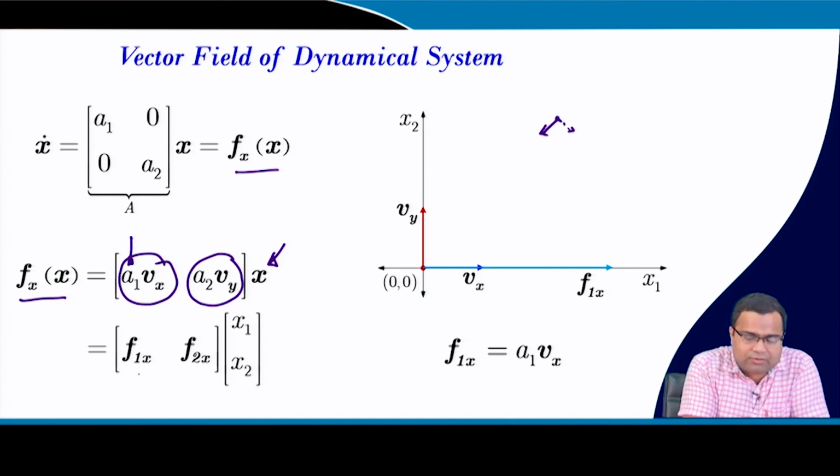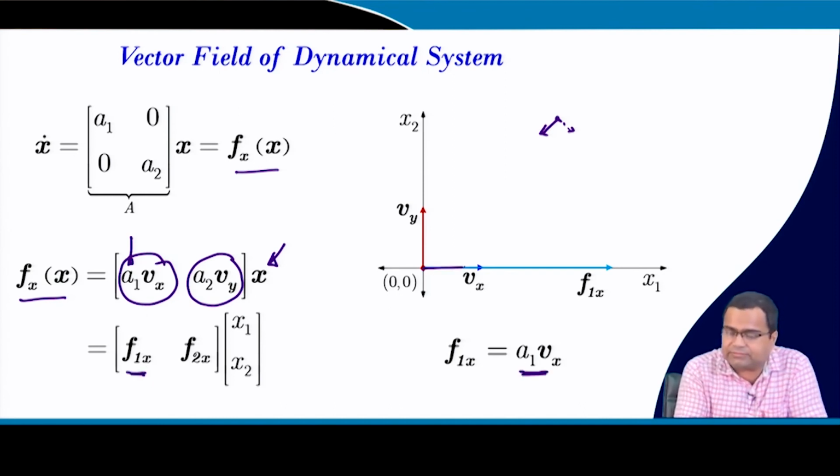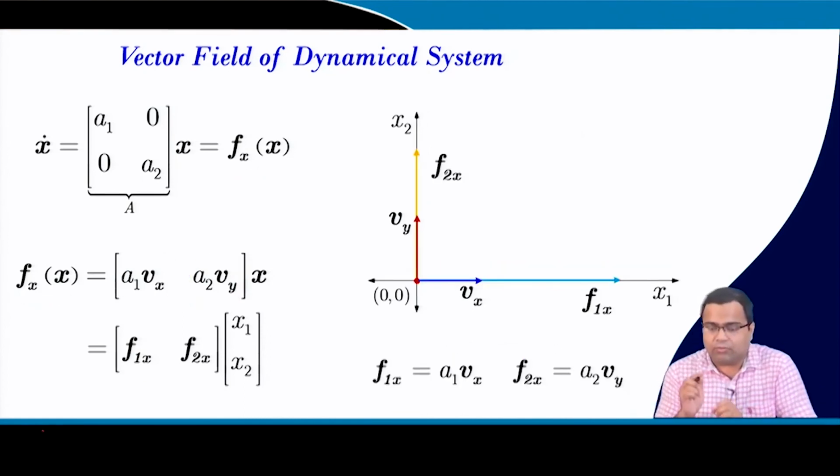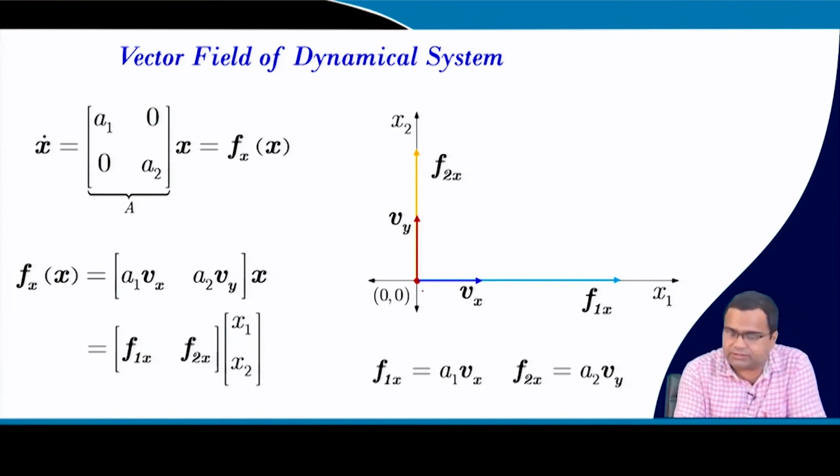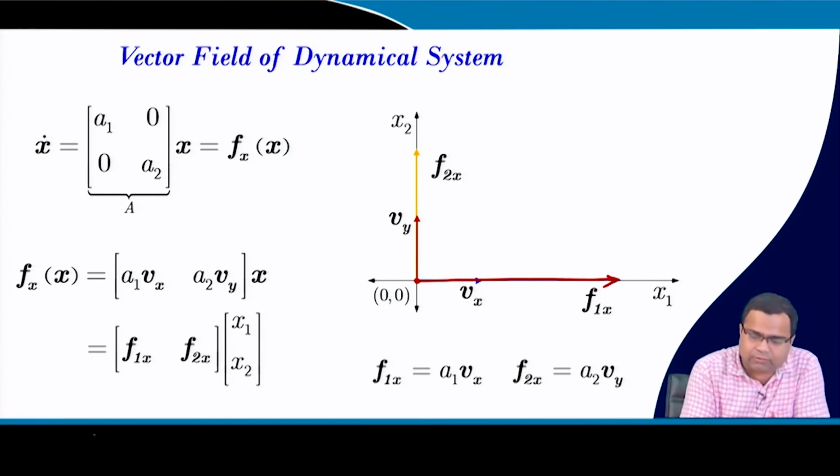So let us first draw f1x, which is nothing but a1 vx. So this is my vx and a1 vx is this one. Now we are going for f1x and f2x. That means first this is my f1x that we have already discussed, and the other one is f2x, which is a2 times vy.